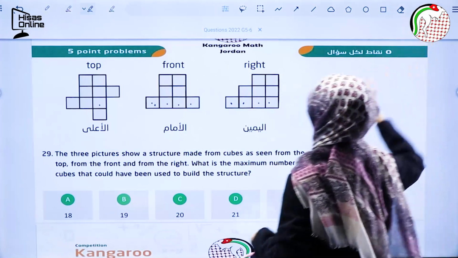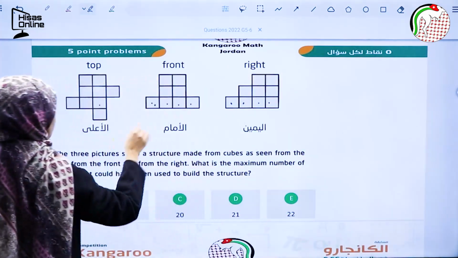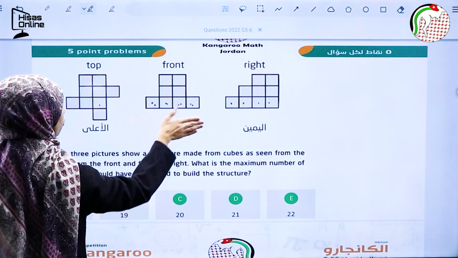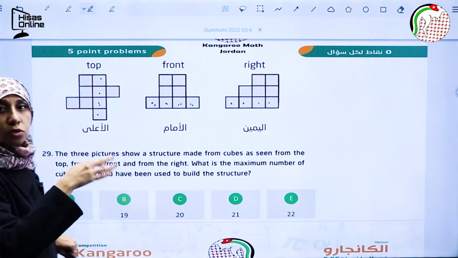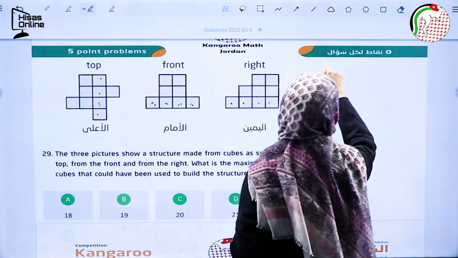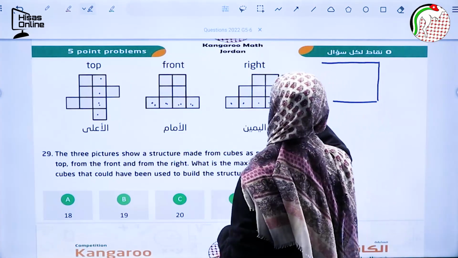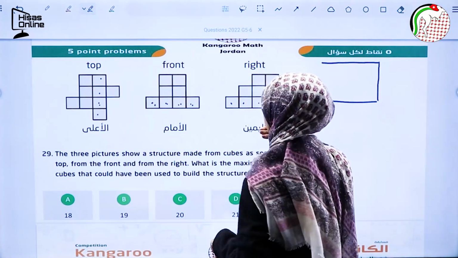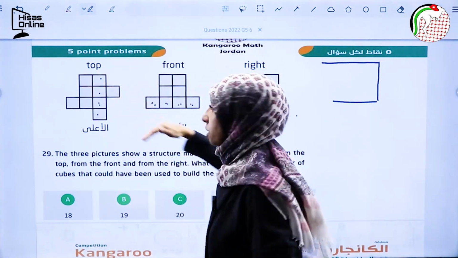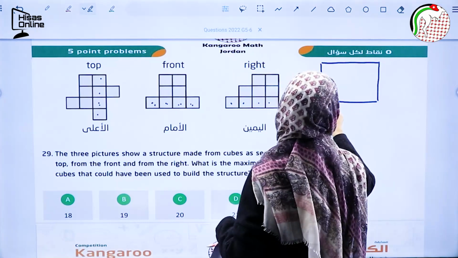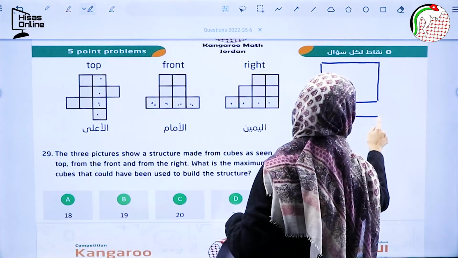Now, let's see here. I have 1, 2, 3, 4, and I can see from the top view 4, so it's 4 by 4. So I will draw, in order, since I have 3 here, 3 levels, 3 layers, I need to draw the view for each layer separately.